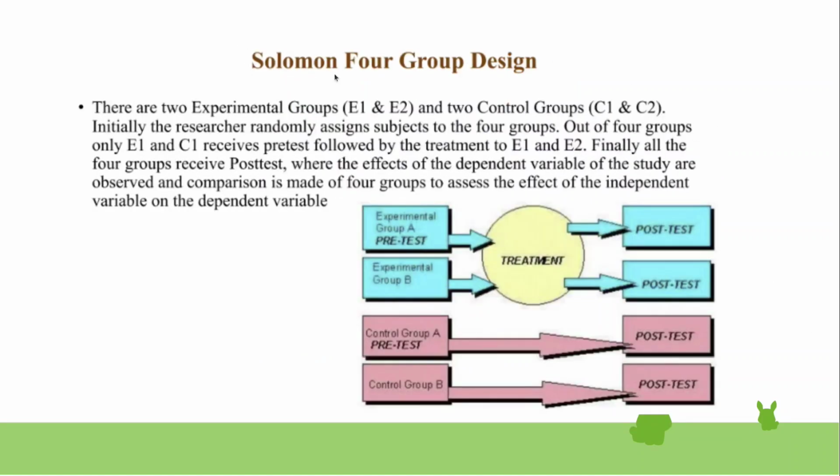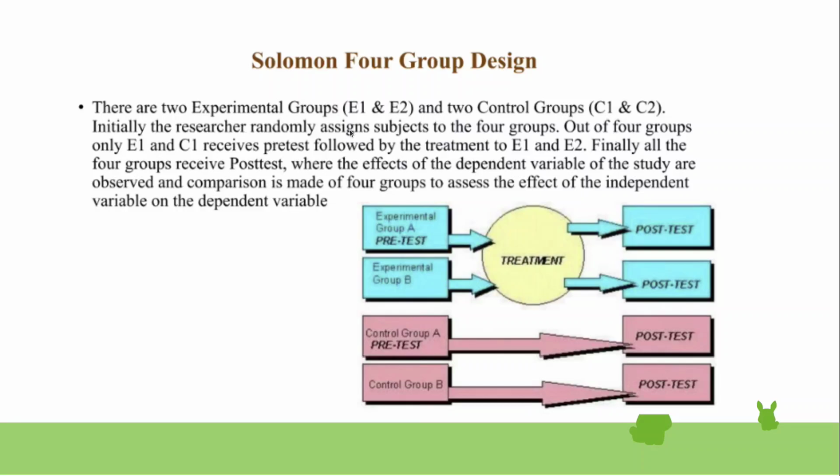Next, Solomon 4 group design. There are two experimental groups, E1 and E2, and two control groups, C1 and C2.